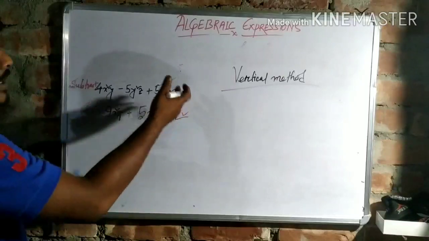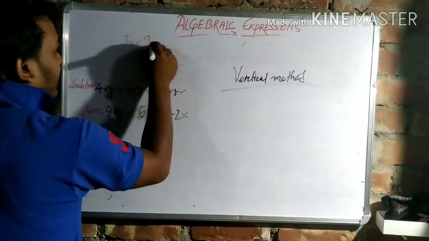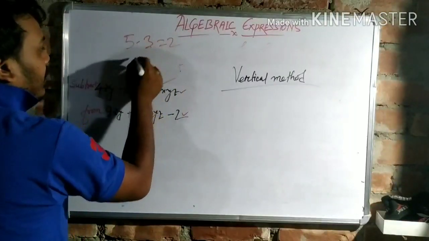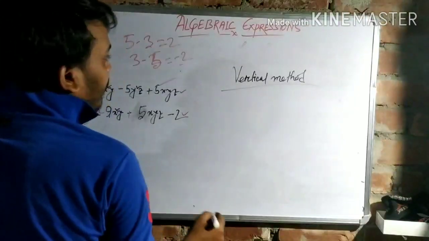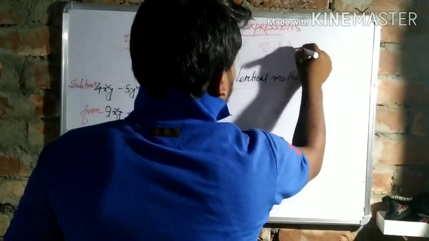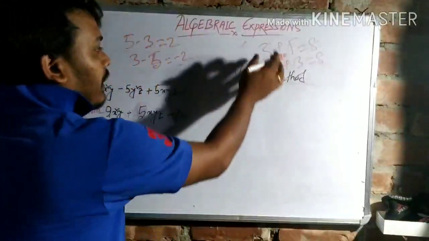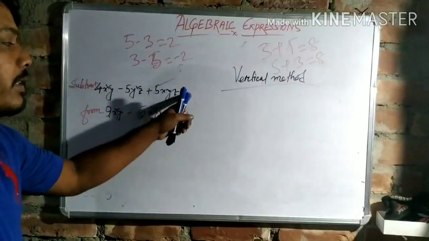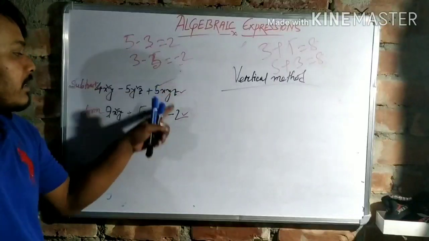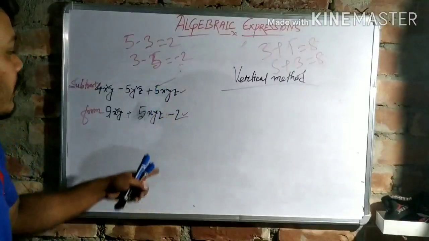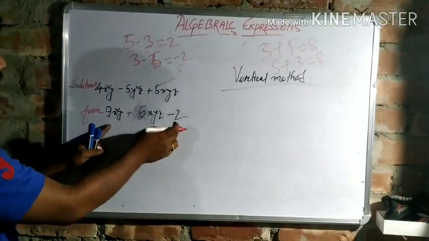If we change the position, the value is not equal, because 5 minus 3 equals 2, but if we change the position, 3 minus 5 is minus 2. The values are not equal. But in case of plus, 3 plus 5 equals 8, or 5 plus 3 is also 8. So in case of addition there is no problem if we change the position of the values. But in case of minus, the values are not equal. So first we write this value, then this value.